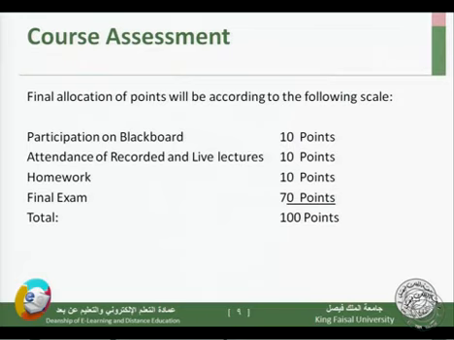Your attendance of recorded and live lectures will be given 10 points. The homework we give to you and you do will be given 10 points. So this is 30. And then the final exam will be allocated 70 points. In total, 100 points. So these are the criteria, or the assessment scale, we will be using to assess your performance in this course.